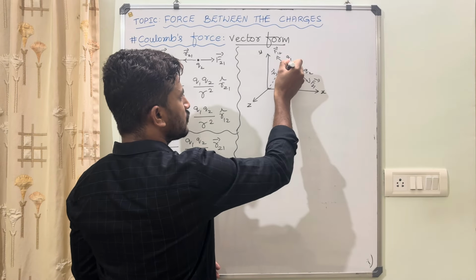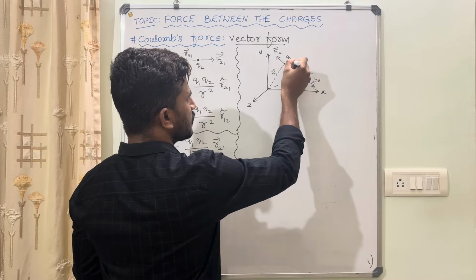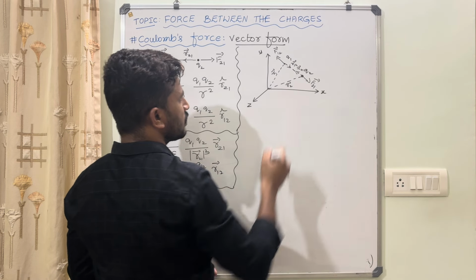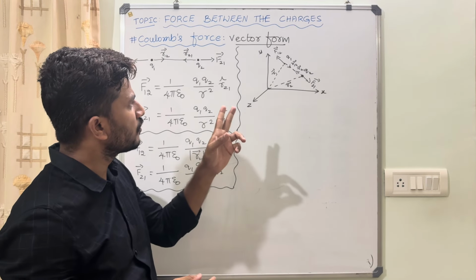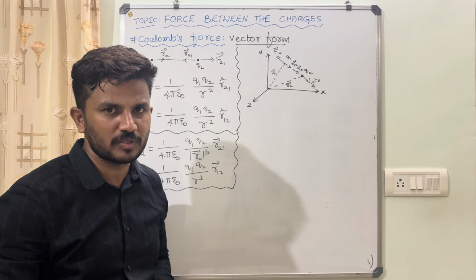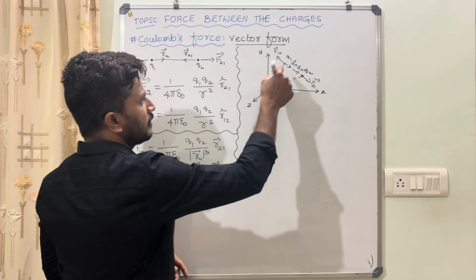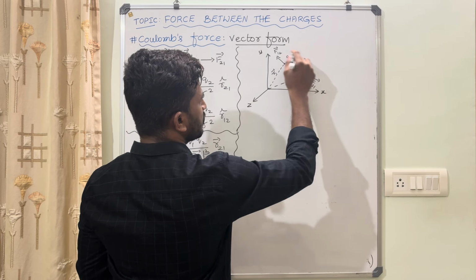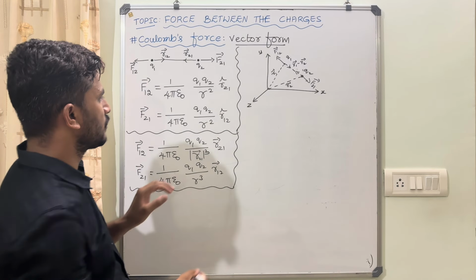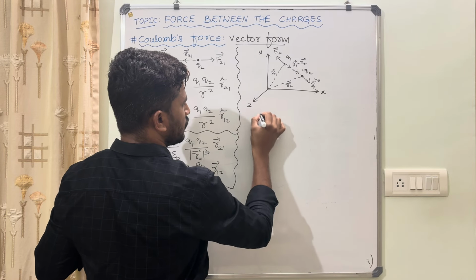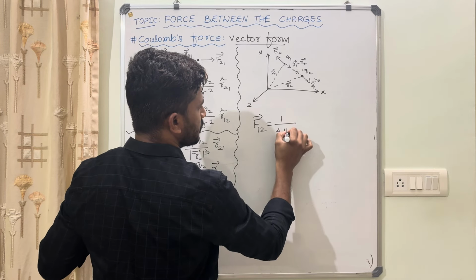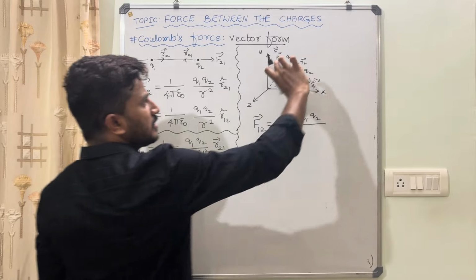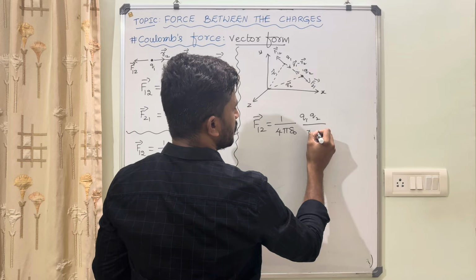So the distance between these two is given by, this one is r12, this one is r21. We can write it as r1 minus r2 or r2 minus r1. So let me write it as r1 vector minus r2 vector in this direction. If I substitute here, what do you get? F12 is 1 over 4 pi epsilon naught q1 q2, which doesn't vary, but this distance is the magnitude of r1 minus r2.